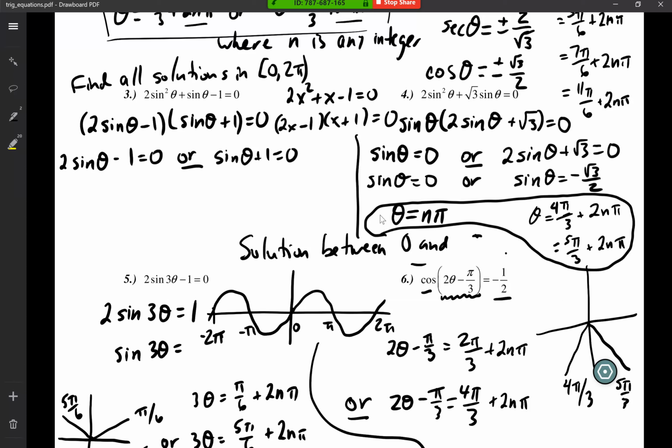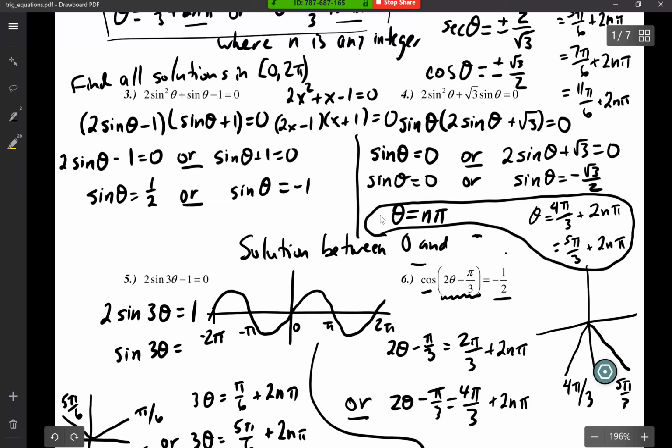After we set each piece equal to 0, we solve it just like we've done every example so far. We isolate the trig function. So sine of theta equals 1/2, or sine of theta equals -1.